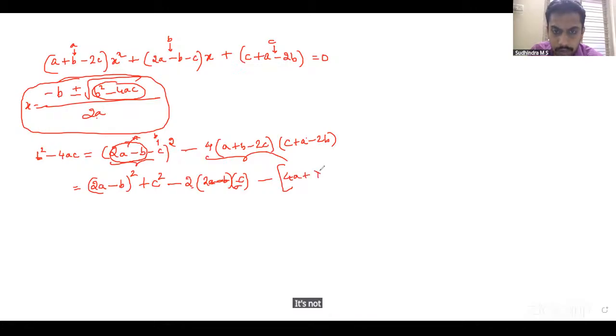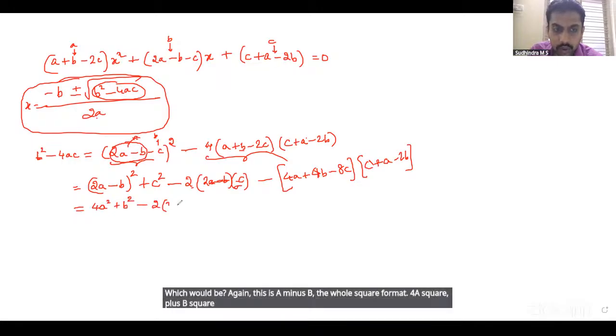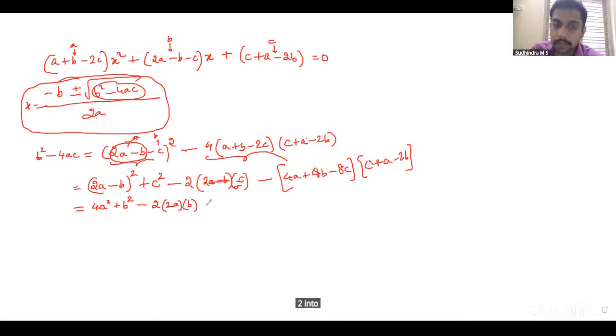4a plus 4b minus 8c multiplied by c plus a minus 2b, which would be, again, this is a minus b the whole square format, 4a square plus b square minus 2 into a into b plus c square minus, what is this? 2 into 2a into c.